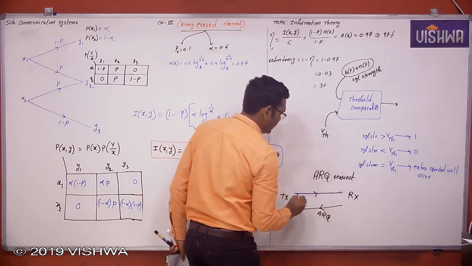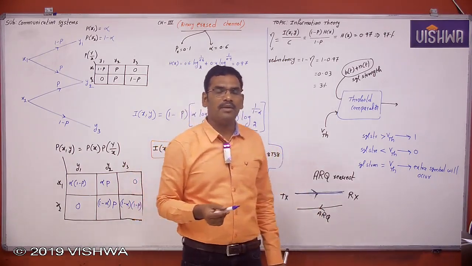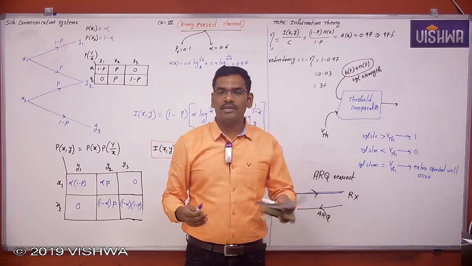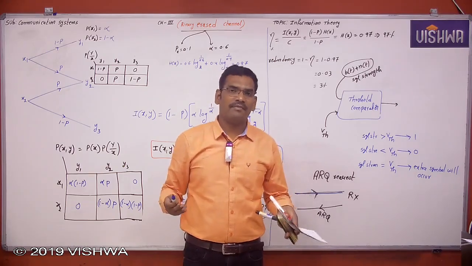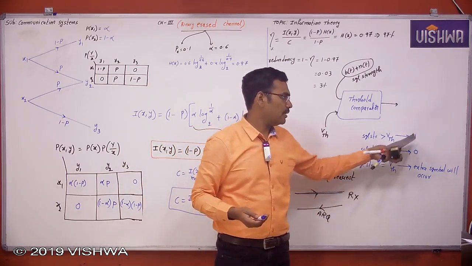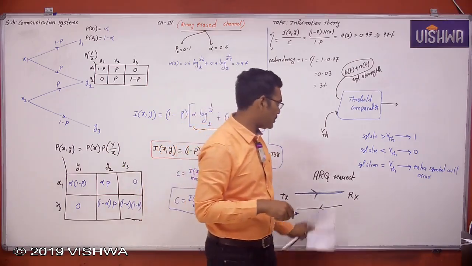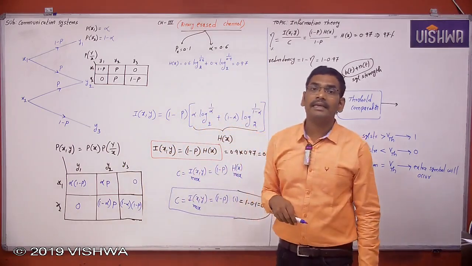When the transmitter transmits the same symbol, this problem will not arise again, because at that time the effect of noise may change. Therefore the signal may be greater than or less than the threshold, so it may be binary 1 or binary 0, and that extra symbol won't occur. Okay. This is automatic request for retransmission.